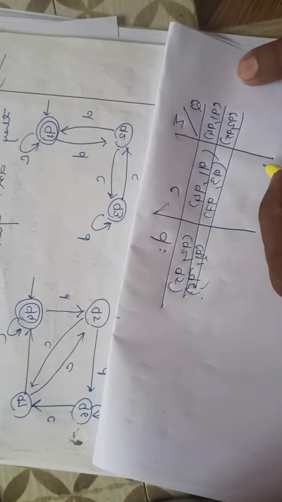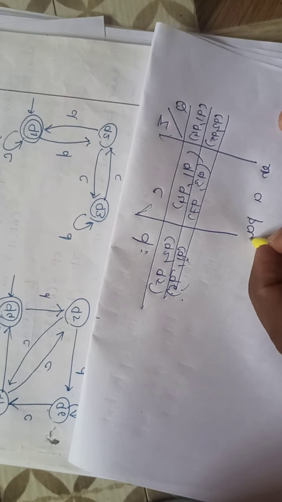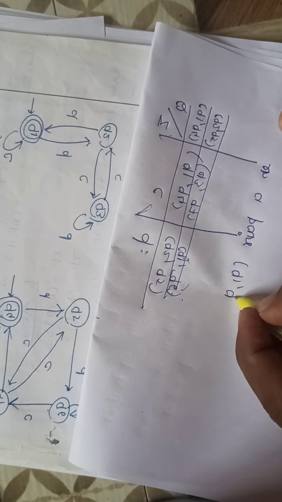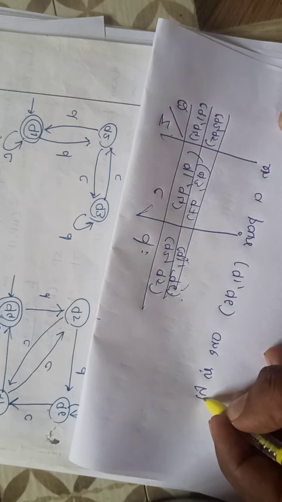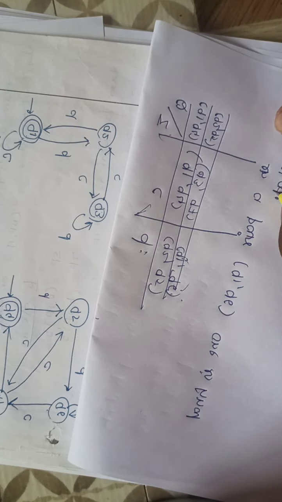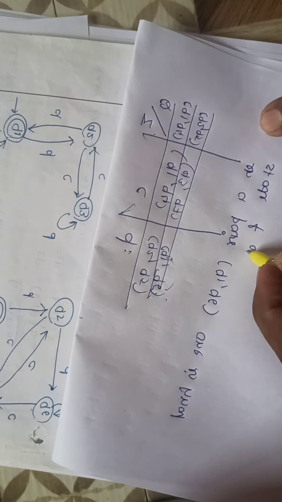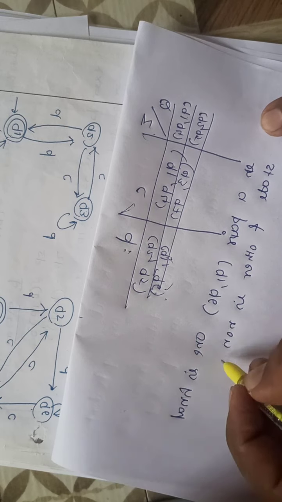So here we can write that in the pair Q1, Q6, one is a final state and the other is a non-final state.